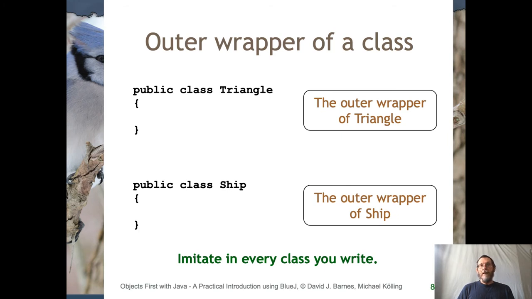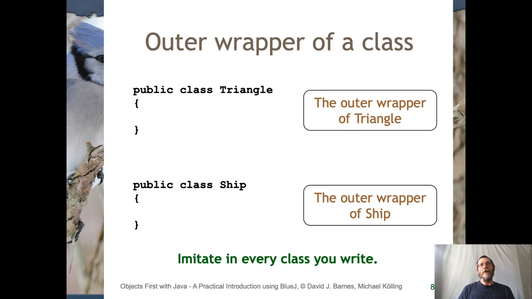And this is something that you will imitate in absolutely every class you write. If you wanted to write a class called square, then you'd write public class square, you'd have an opening curly bracket, some space, and a closing curly bracket. If you wanted to write a class called circle, you'd write public class circle, you'd have an opening curly bracket and a closing curly bracket.